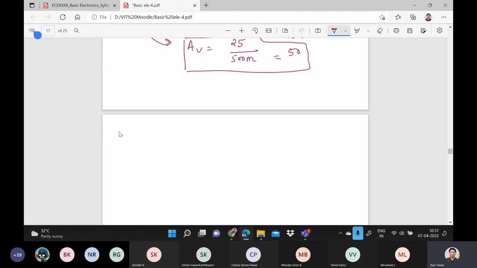Okay, now second question. I'm talking about common base. IE is given to us as 1 milliamp. IC is given to us as 0.95 milliamps. Find out the value of IB.